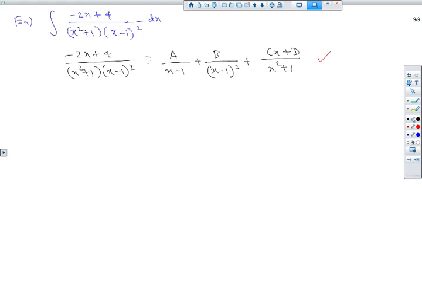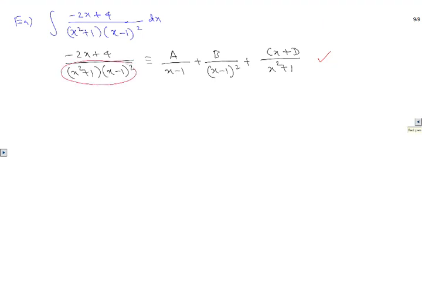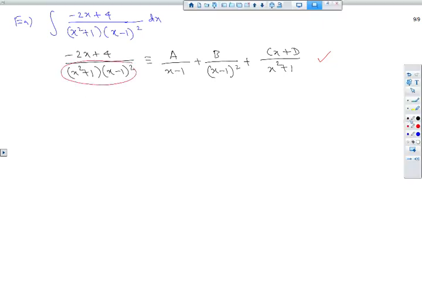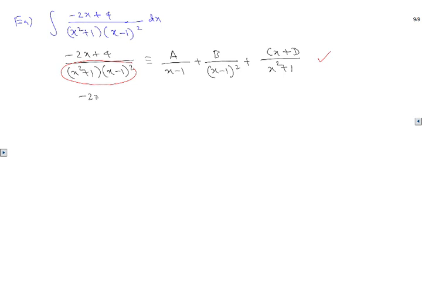So we're going to multiply both sides by the common denominator. If you do that, you're going to get negative 2x plus 4 equals a times one term and also one quadratic, plus b times x minus 1 squared, which will cancel, so you only get x squared plus 1.